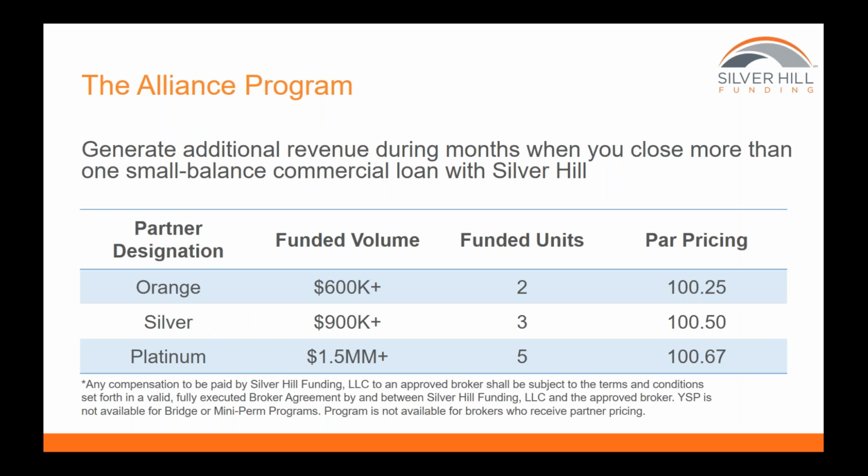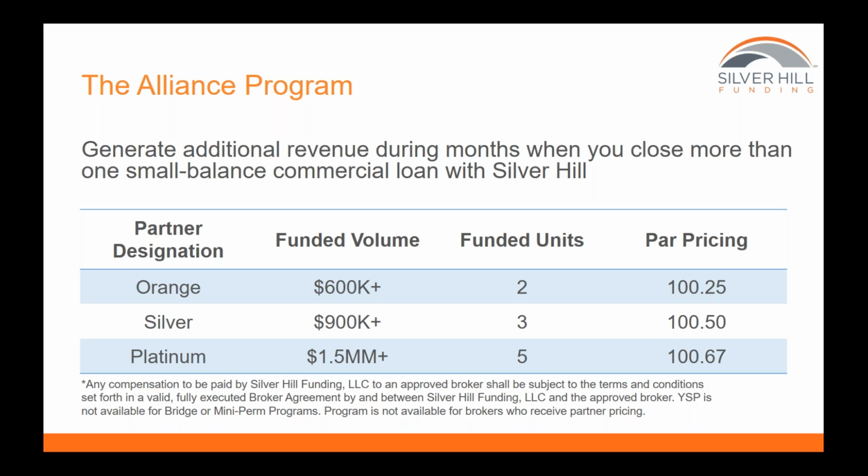We also have an alliance program. It's more of an affinity program where we like to reward folks who send us multiple loans every month and can close those loans within the month. This is additional fee income on top of any broker origination points or yield spread that our broker clients make.